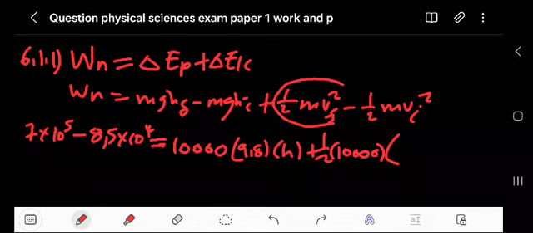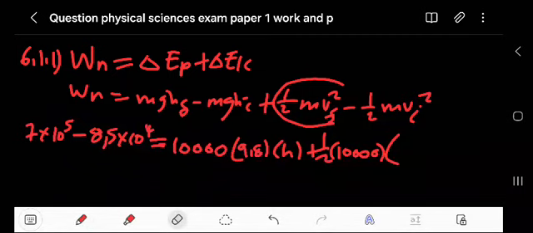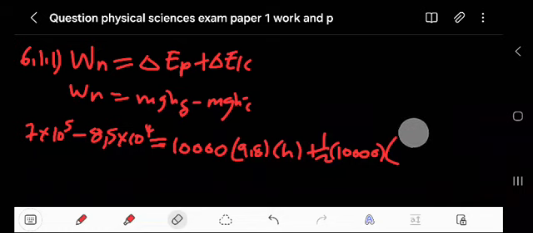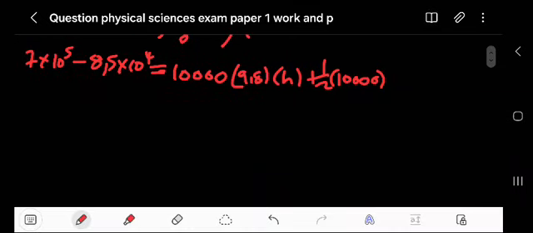Imagine if you're traveling at 5 meters per second: final minus initial is 5 minus 5, simply 0. So since it's at constant speed, all of this kinetic part will be 0. When you substitute, that will be 0. This will simply equal 0, right?